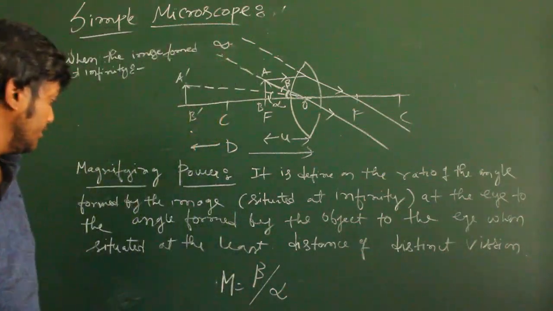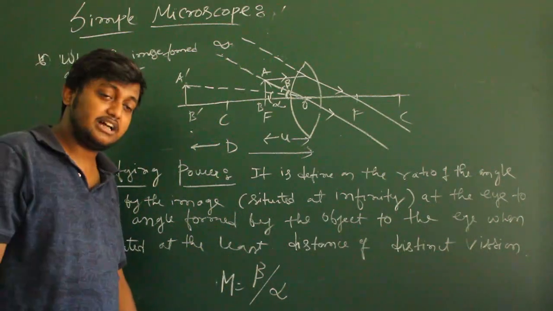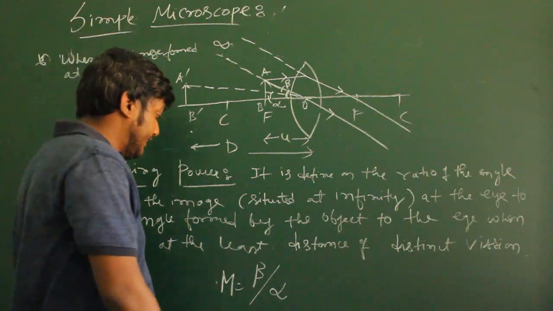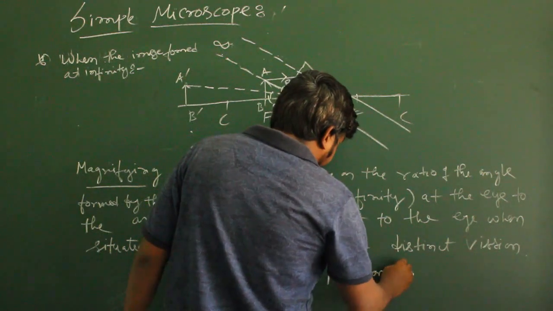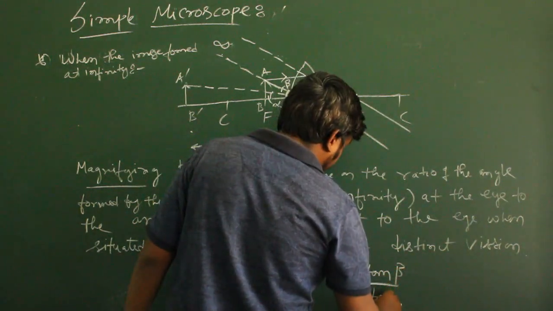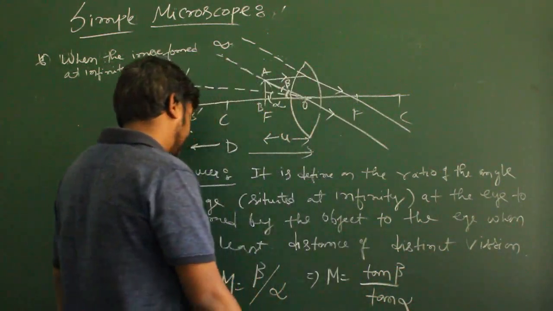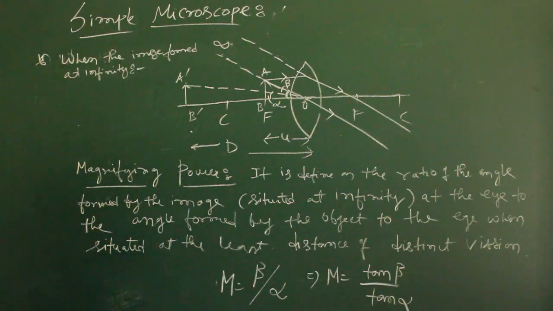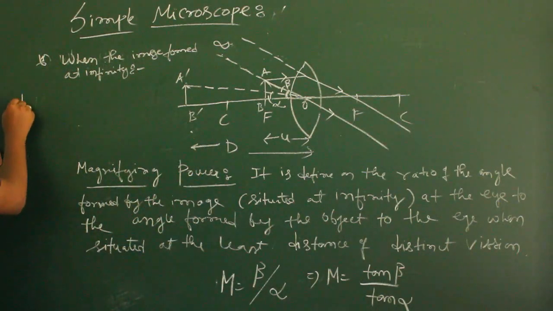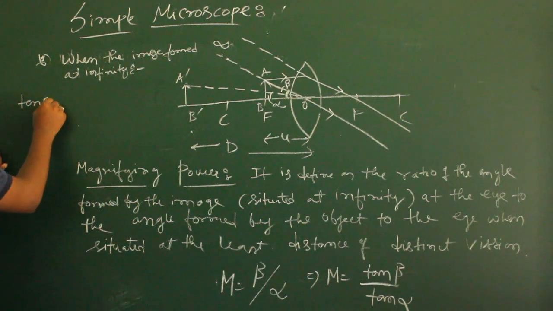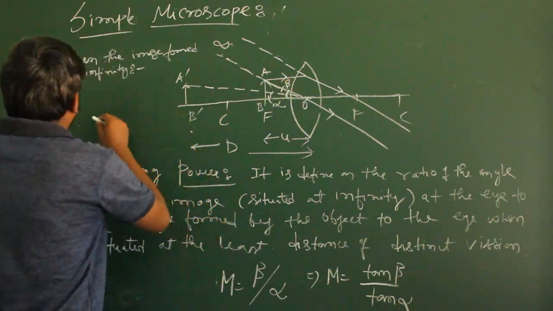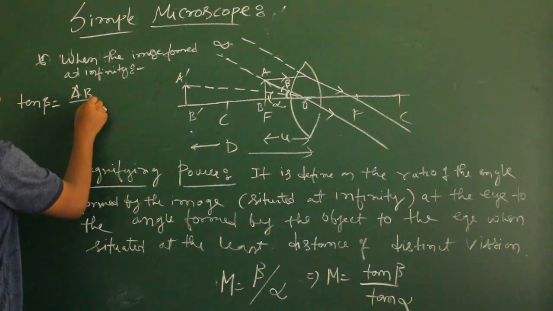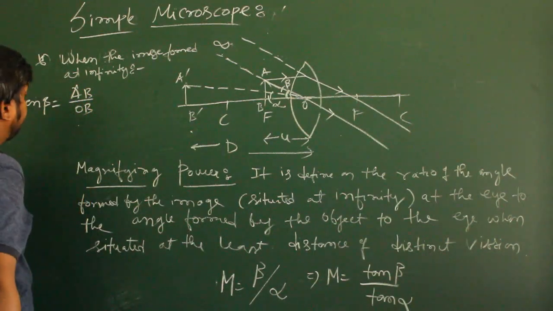Okay, understand? So same as the previous case, here also beta and alpha are small, so we can write m equals tan beta by tan alpha, because beta and alpha are small. So from the diagram, what will be tan beta? Tan beta will be AB by OB.